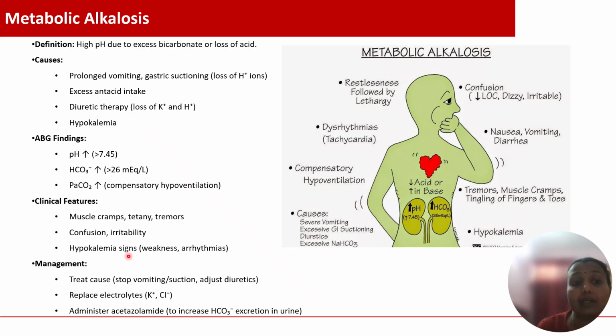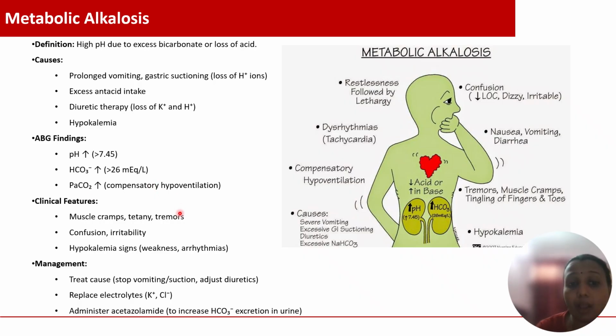Okay, and how will the findings be? As I said, this is the alkalosis condition. pH increased to more than 7.45. In an alkalosis condition, the blood value should be more than 7.45, and HCO3 will be increased to more than 26 mEq per liter. So along with the pH, HCO3 is also increasing.